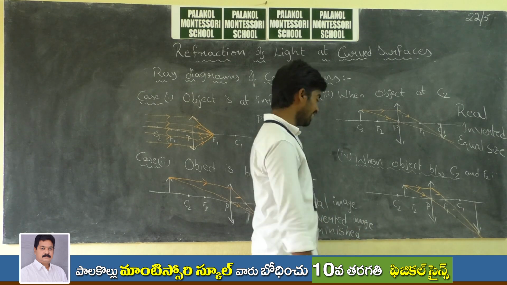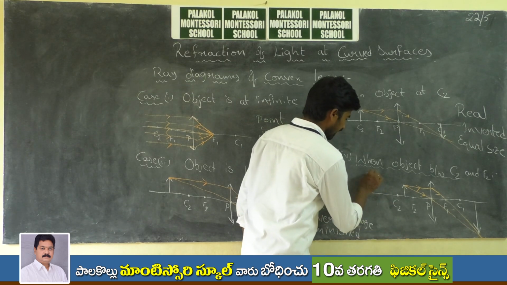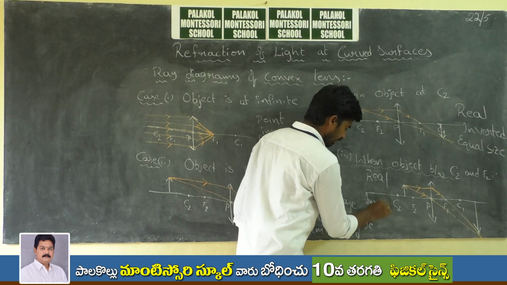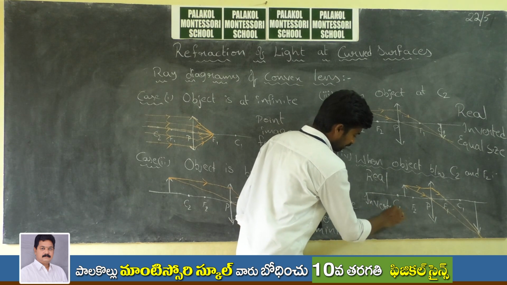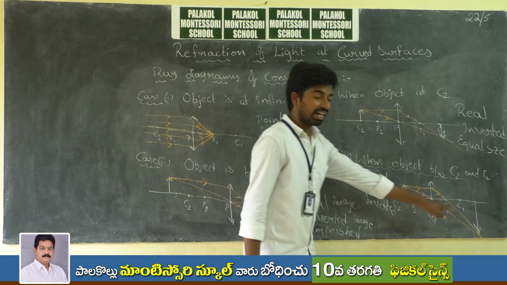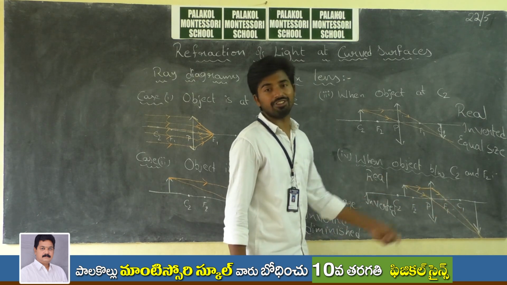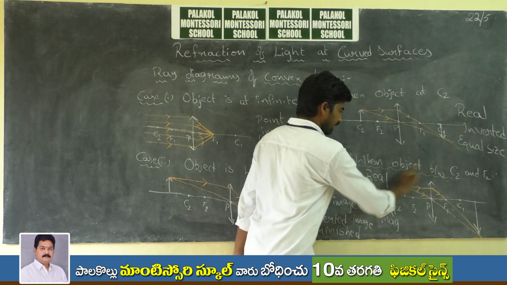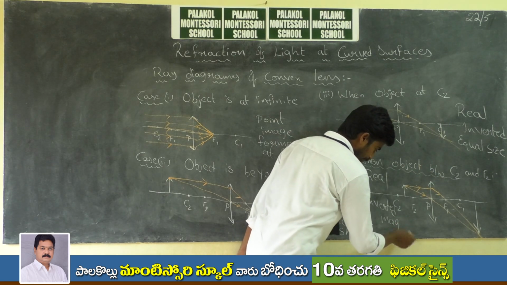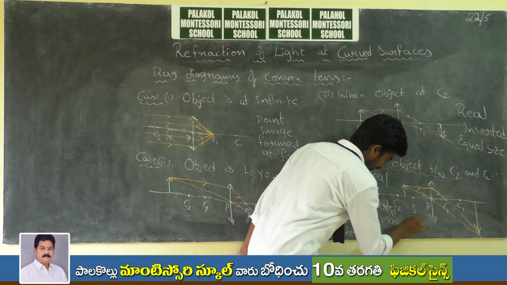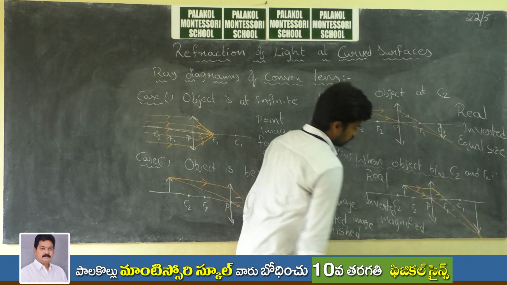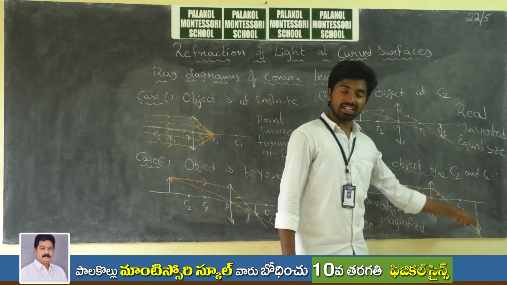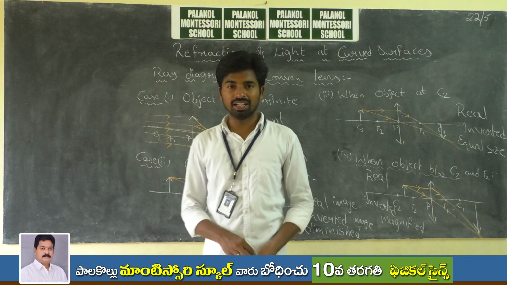The image is real, inverted, and enlarged, or magnified. A magnified image will be observed when the object is in between C2 and F2. So when the object is in between C2 and F2, a magnified, real and inverted image will be observed.